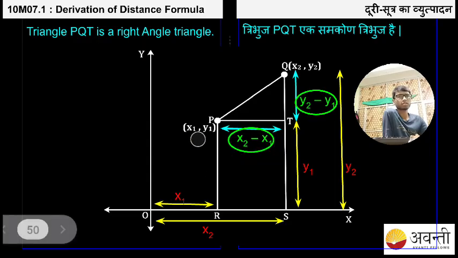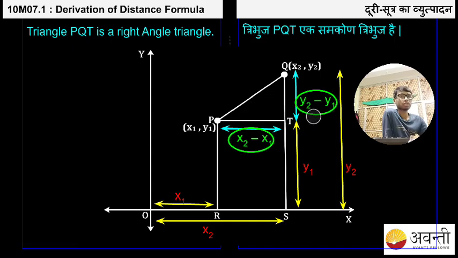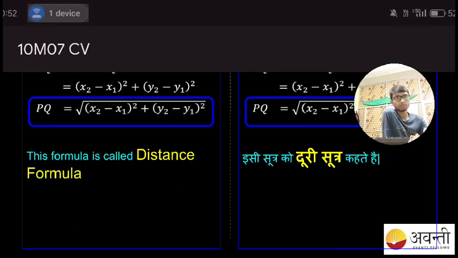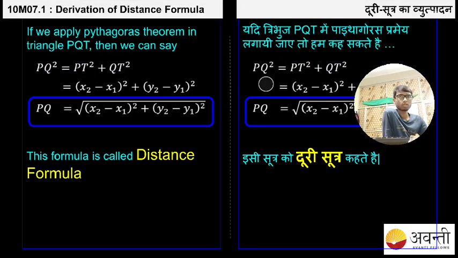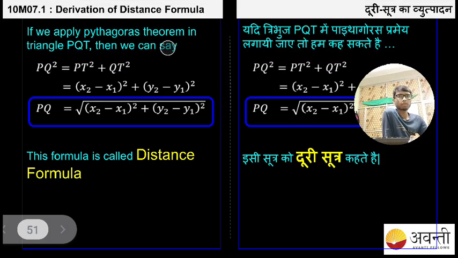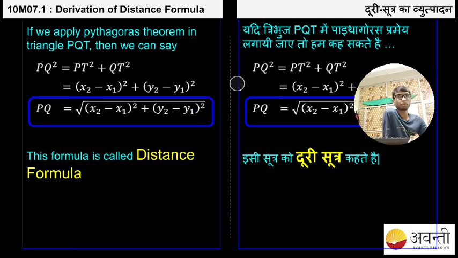First x2 minus x1, it is giving this. And here y2 minus y1, it is giving this. If we apply the Pythagoras theorem in triangle PQR, then we can get the distance, because in this we have two coordinates.